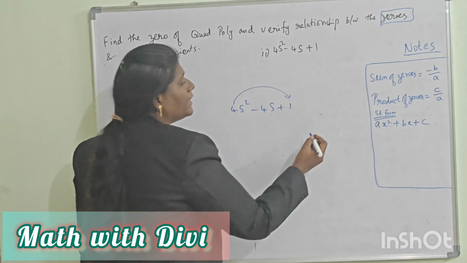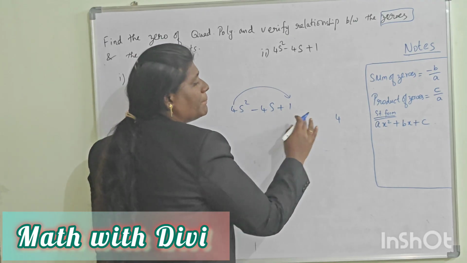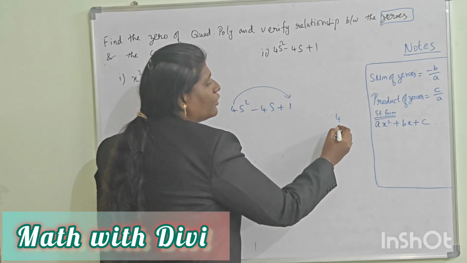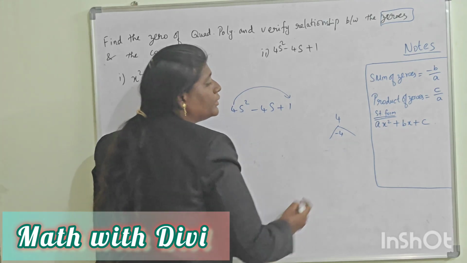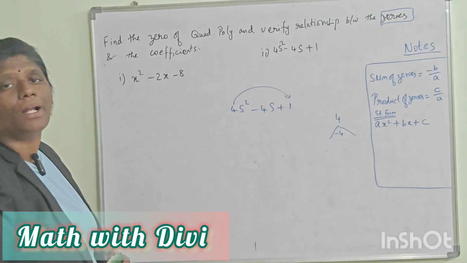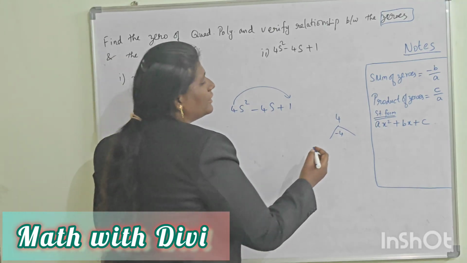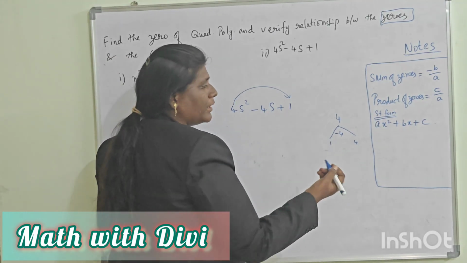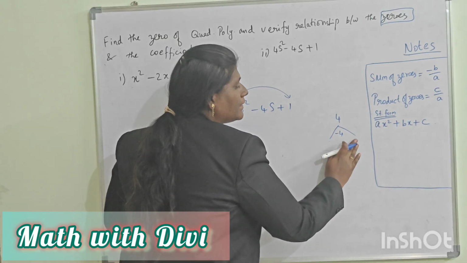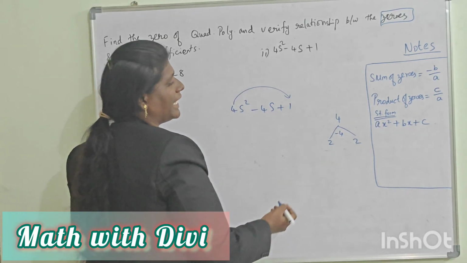Now what is the number? 4 ones are 4. So if we multiply, we have to get 4. If we add, we have to get minus 4. Understand? Is it possible? Let us check. So let's write the factors. 1 4 is 4. No, it's not possible. Otherwise 2 2s are 4. Yes, there are some possibilities we can see.